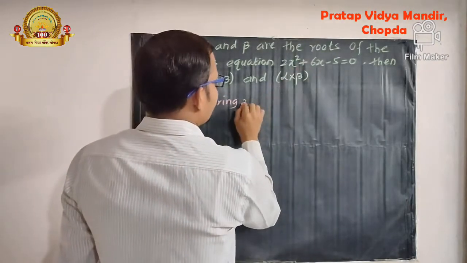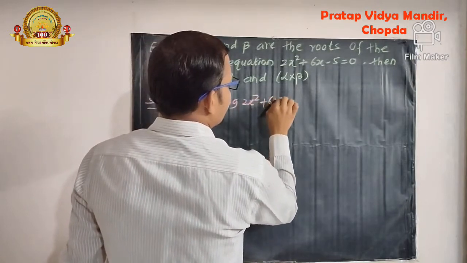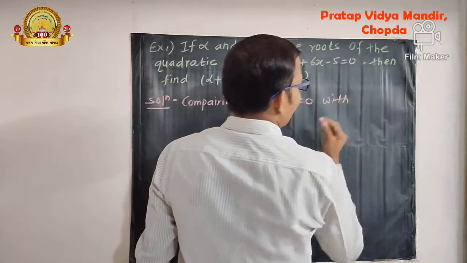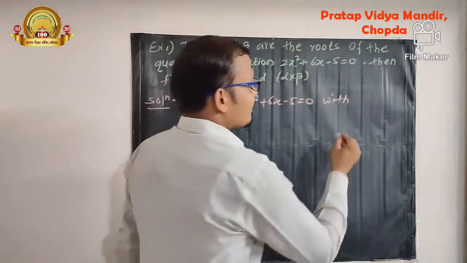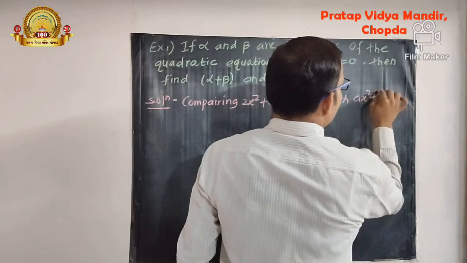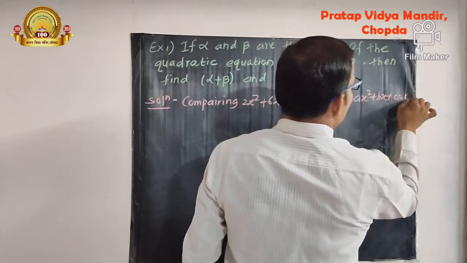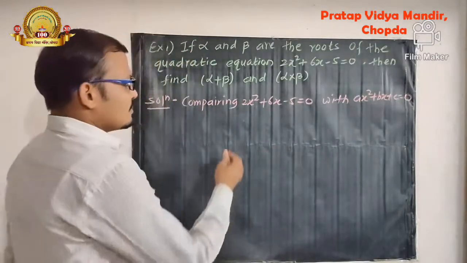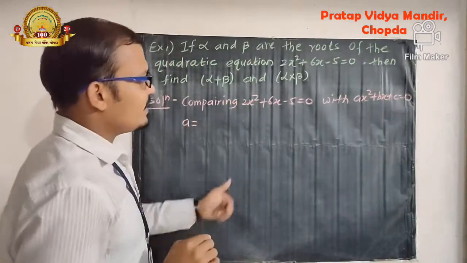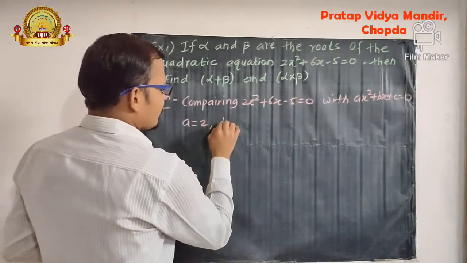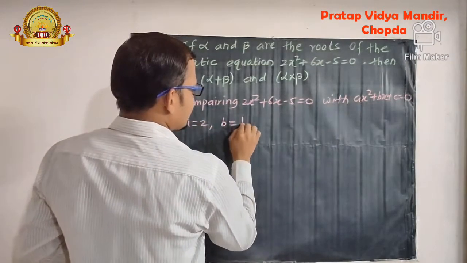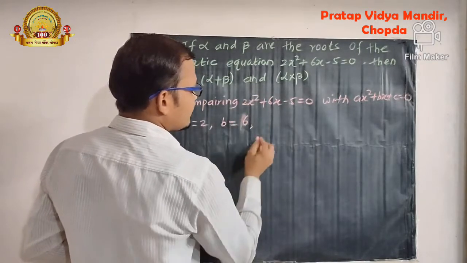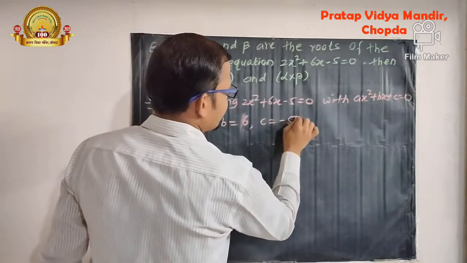So let us start comparing the given quadratic equation 2x square plus 6x minus 5 is equal to 0 with the general form of the quadratic equation, which is ax square plus bx plus c is equal to 0, so that we get the values of a, b and c. So value of a is 2, b is 6 and c is minus 5.